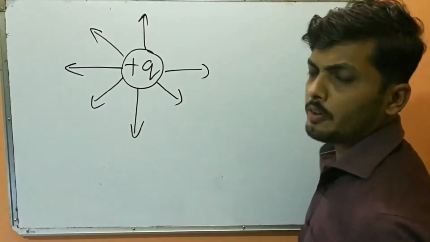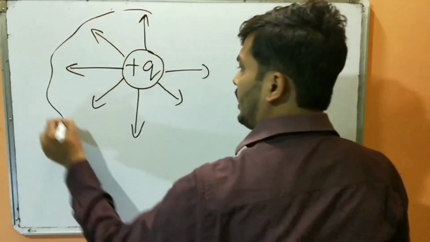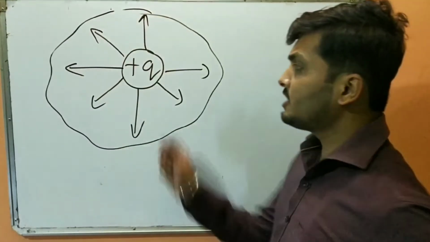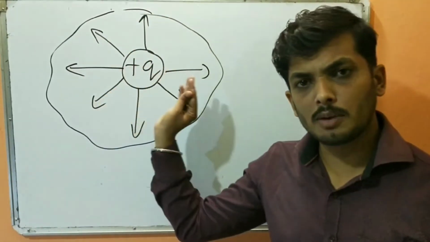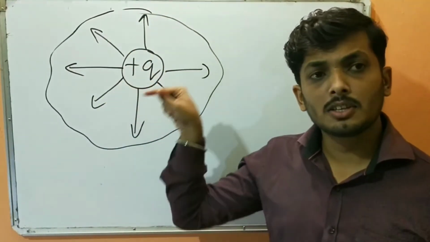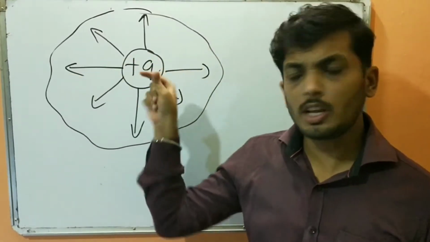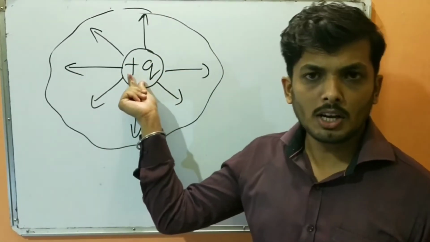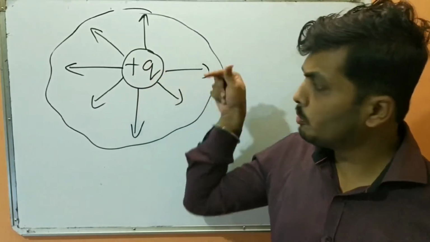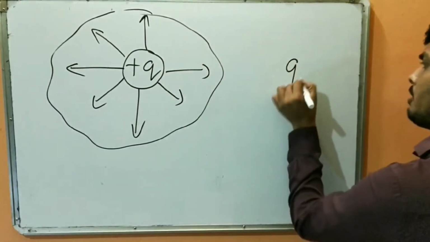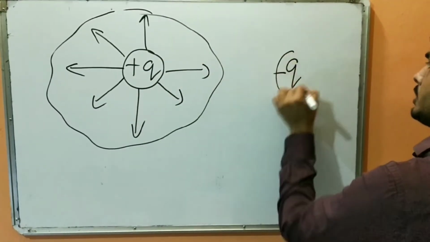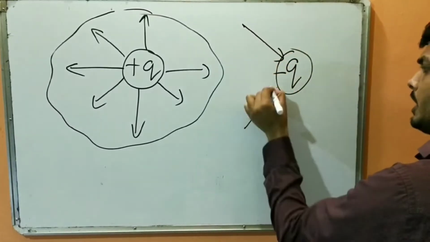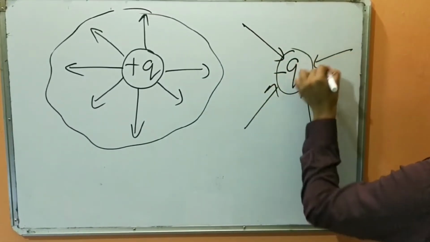So in the electric field definition that we have studied, it assumed one space, and that space we are now representing in terms of lines, and those lines may be radially outwards or inwards depending upon what kind of charge it is. If it is plus, it will be radially outwards. Suppose I have a minus charge, then these electric field lines will be pointing radially inwards.